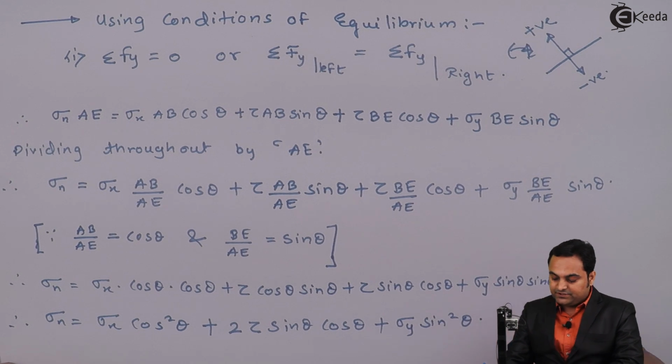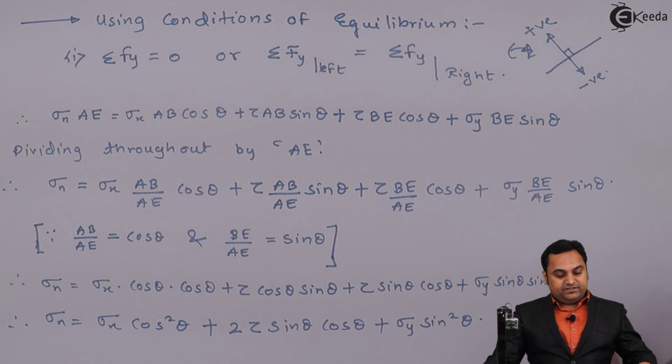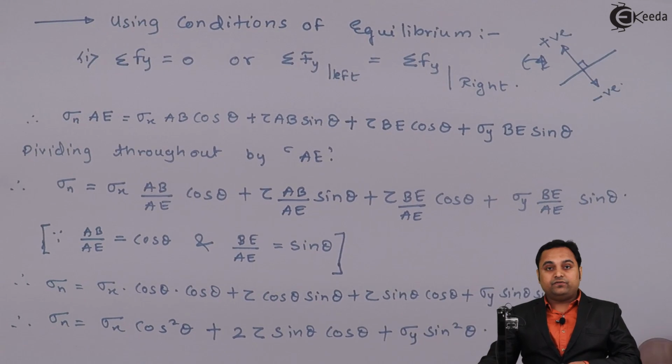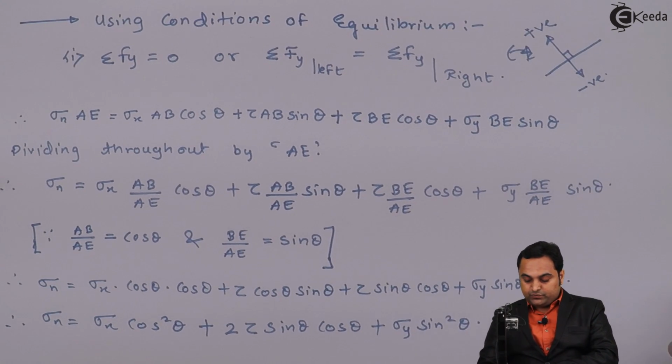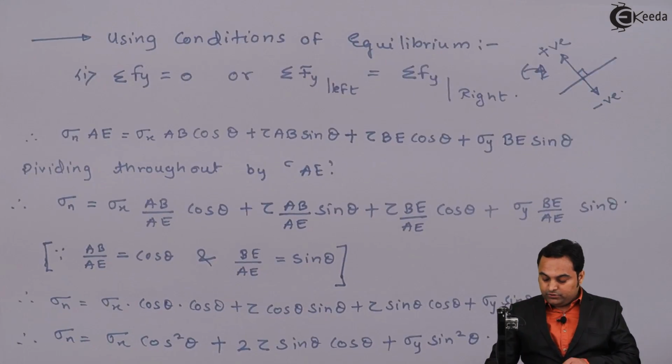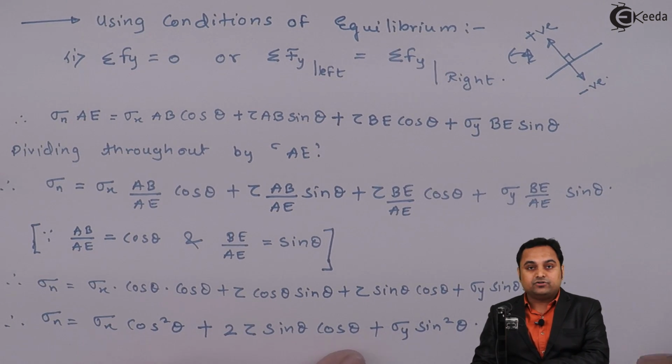Next, after reaching this stage, I will use one more formula for cos square theta, sin square theta and 2 tau sin theta cos theta.